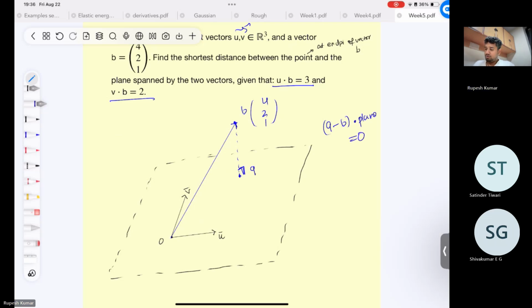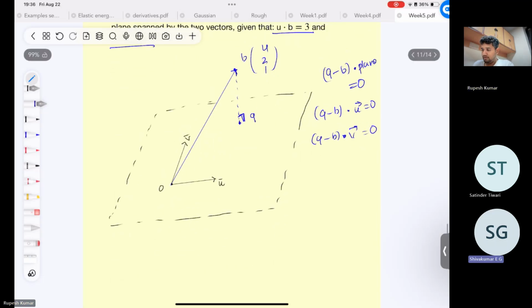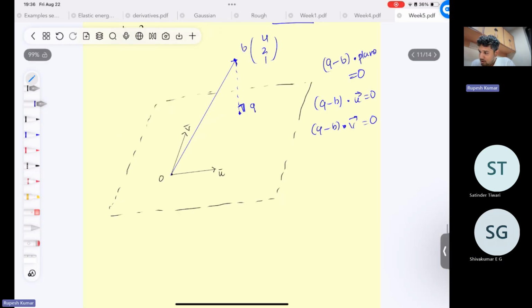So now we can always say Q minus B dot vector U will be 0 and Q minus B dot vector V will be 0. Can we say this? Everyone, do you agree with this information? Because the angle is 90 degrees.